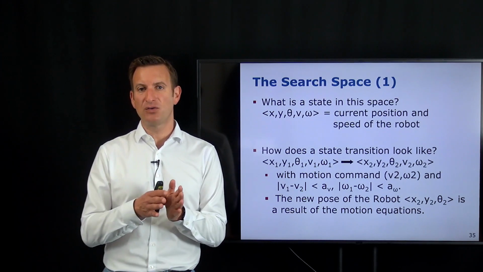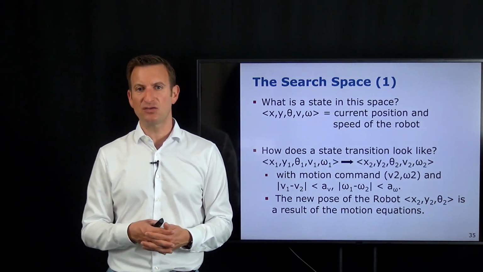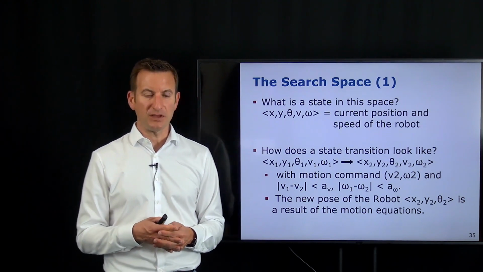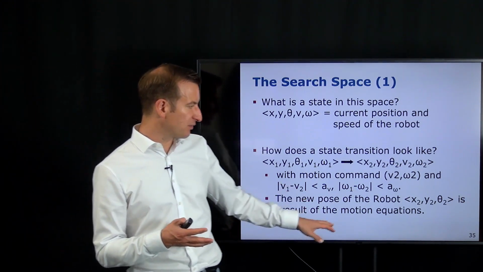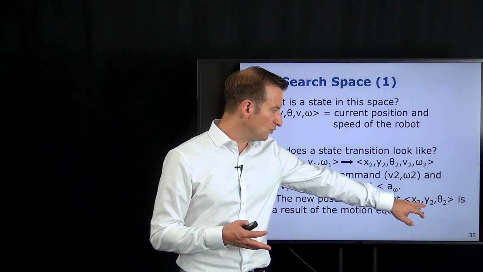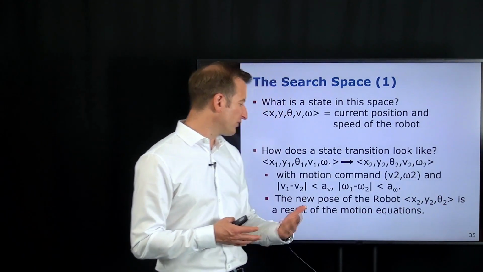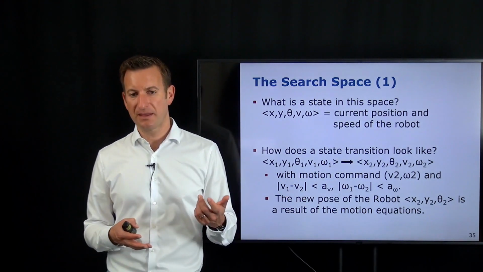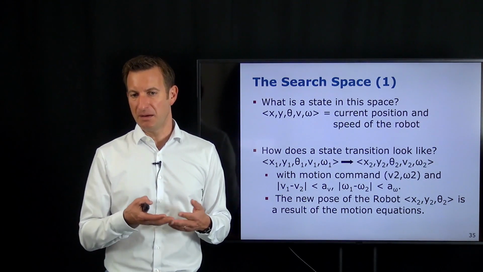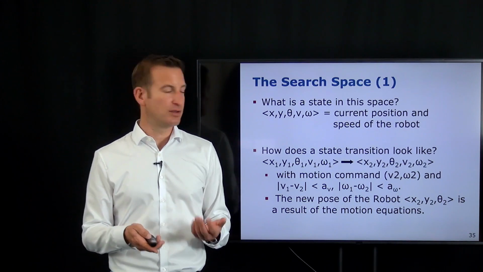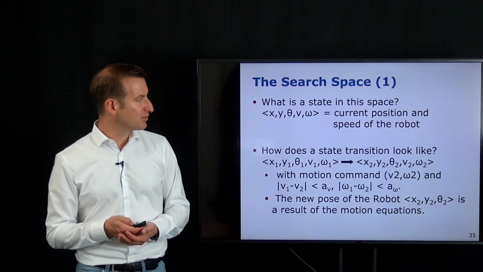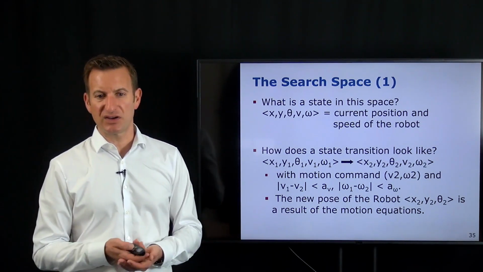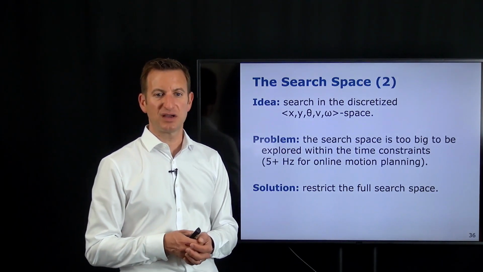That means I have bounds on how fast I can increase or decrease my velocity. As a result, the next configuration of the robot is x2, y2, theta 2, of course with the velocity commands, and the velocity commands then directly provide me the motion command that I need to execute in order to follow a trajectory like this. Again, only up to the discretization of the state space that should be taken into account.